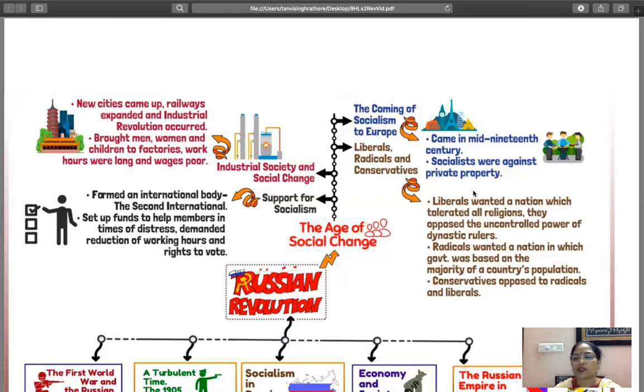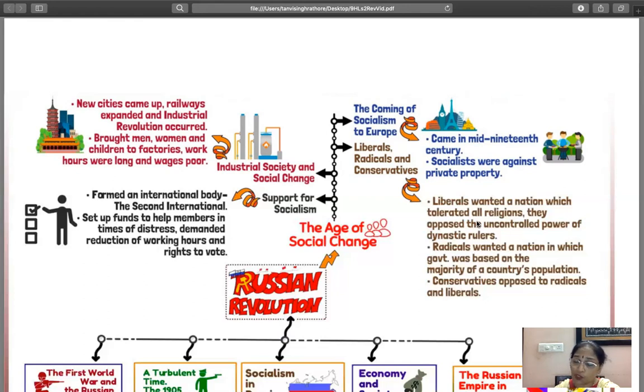Both the liberals as well as the radicals wanted a parliamentary form of government. They wanted elected representatives to rule, but there was a difference between them. Liberals did not want universal adult franchise, while the radicals wanted that.